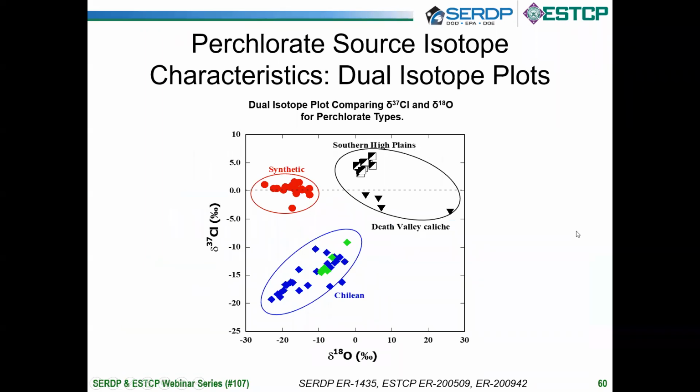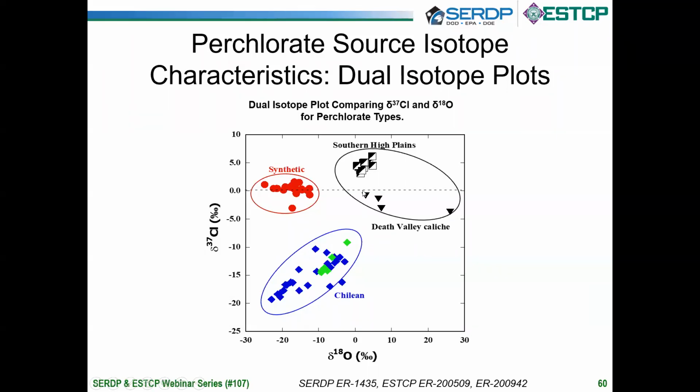Basically, looking at sources, the one thing that became very interesting is, if you look at dual isotope analysis, chlorine versus oxygen isotopes, you had three groupings. You had a grouping of synthetic perchlorate, you had another grouping of Chilean material, where the blue points are from the Atacama caliche materials and the green are actual fertilizer samples.